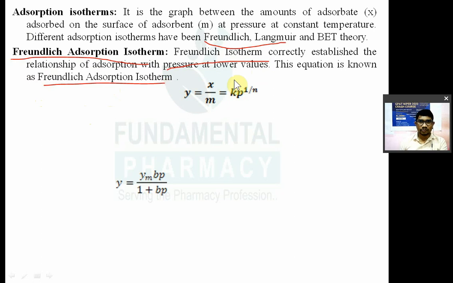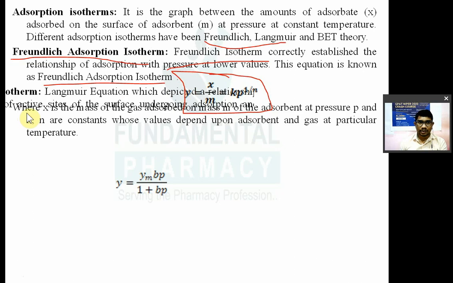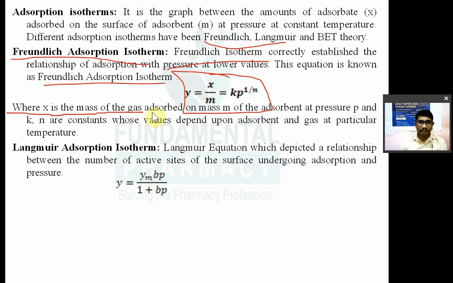It is given by the equation x/m = kp^(1/n). Here x is the mass of gas adsorbed on the mass of adsorbent at a pressure p. k and n are constants that depend on the adsorbent and gas at a particular temperature.